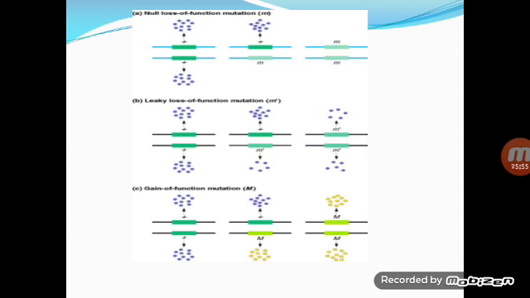In case of image C, gain of function mutation, mutation M capital has acquired a new cellular function represented by the gene product, that color is green. M capital will be expressed in the heterozygote and most likely will act as a dominant. The homozygous mutant may or may not be viable depending on the role of the plus allele.